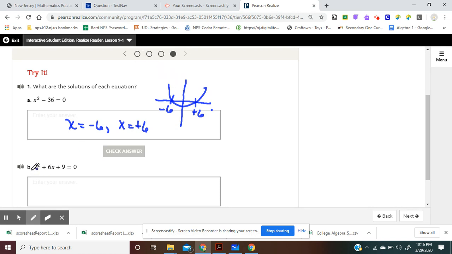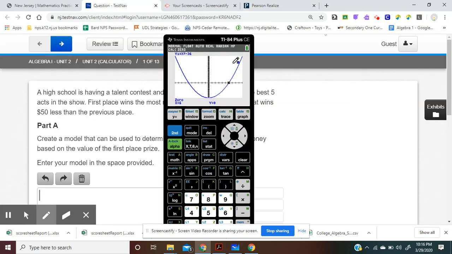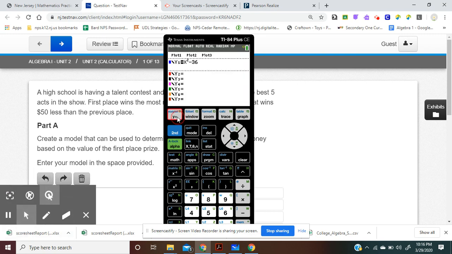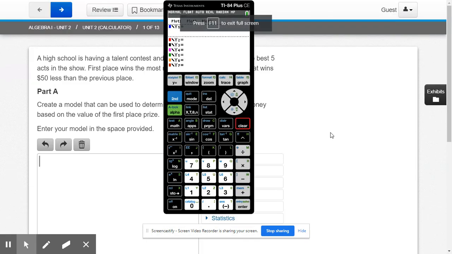Our next equation is x squared plus 6x plus 9 equals 0. So I'm going to go back to my calculator. Let's get this off. I'm going to clear this equation and I'm going to type in my new one. So let me zoom in. So x squared plus 6x plus 9.